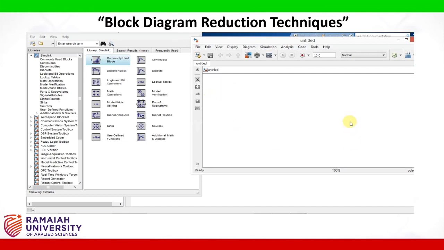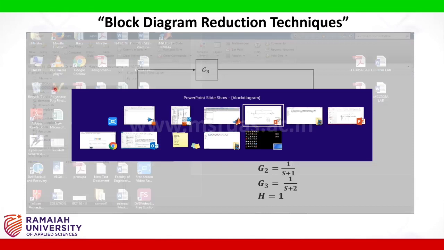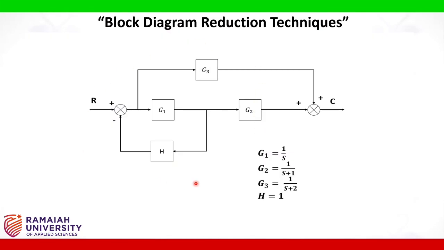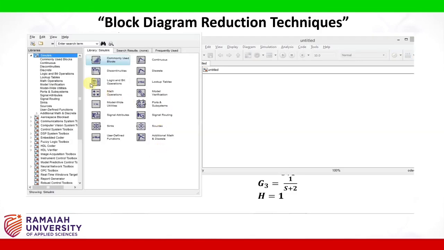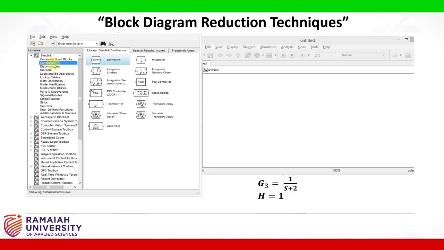We'll place the block diagram. So for this, let us consider this block diagram with 4 transfer function blocks. Go to Continuous, select transfer function, drag and drop in the new window.